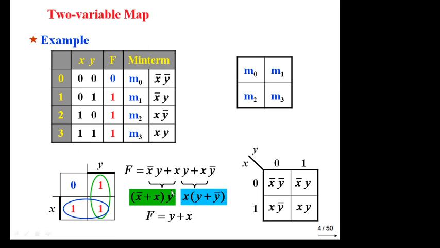In this case, this is 0, this is 1, this is 0, this is 1. This 0 means x bar, 1 means x. This is changing, this means y, so x plus y. You can directly determine it.